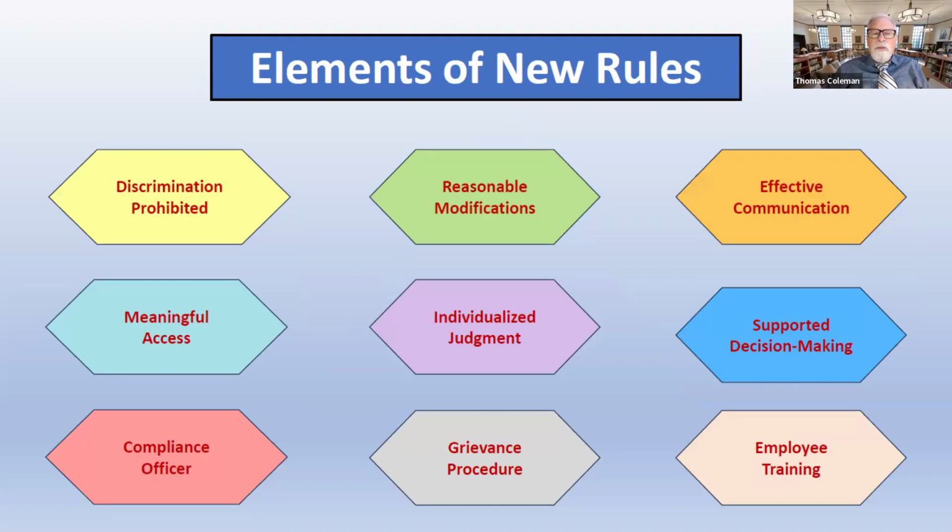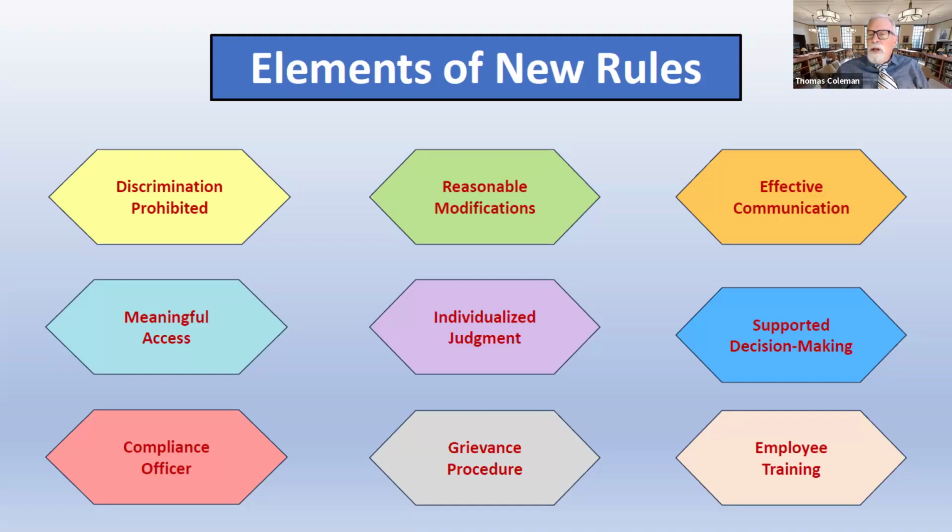The patients must be given meaningful access to healthcare services, and that includes meaningful access to the decision-making process. In making judgments about these individuals and their capacity to make decisions on their own or with help of others, providers have to use what's called individualized judgment. Class-based stereotypes are not permitted, or assumptions or biases are not allowed.